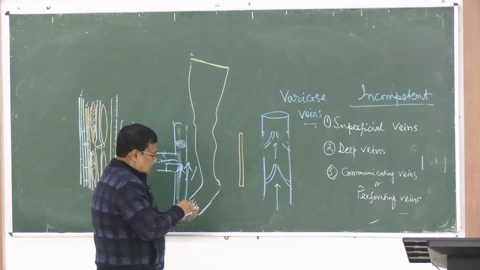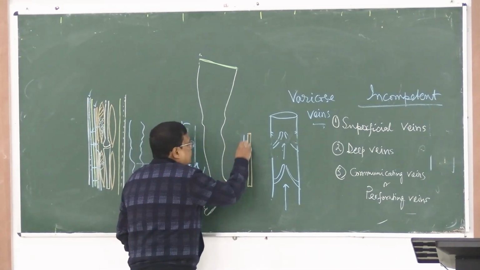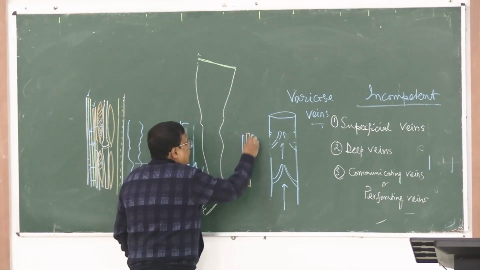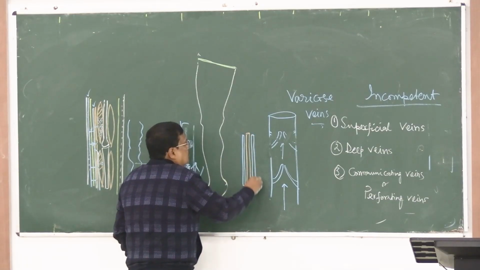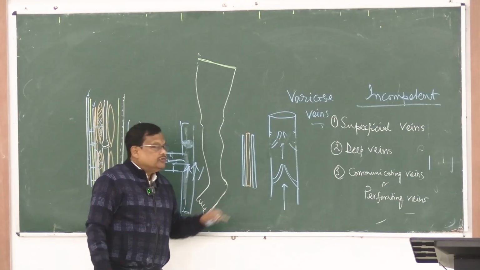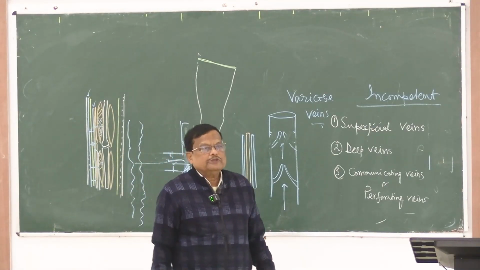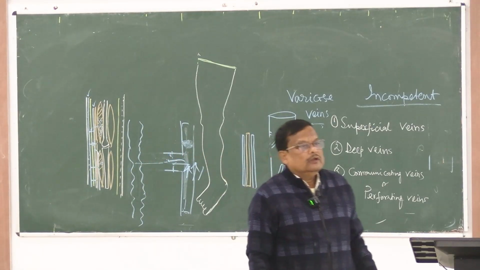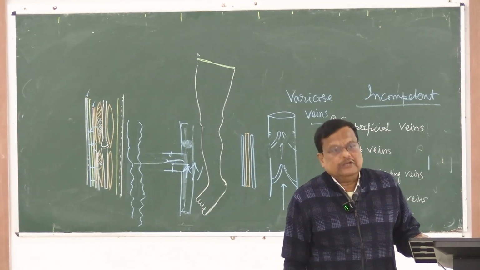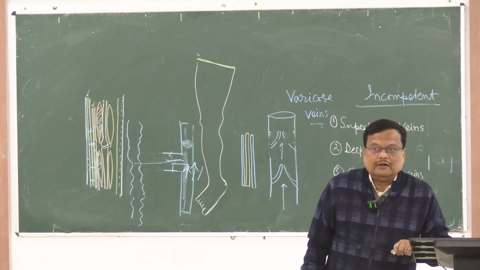If we dissect, you will find there are two veins, one on either side, a pair of veins, and centrally the artery is present. We call these veins the Venae Comitantes, paired.